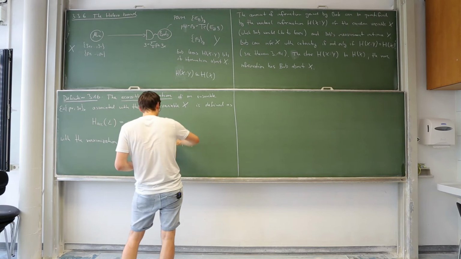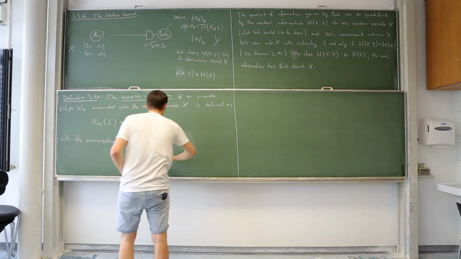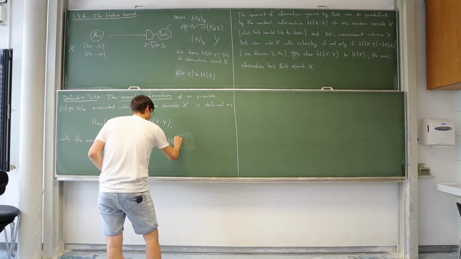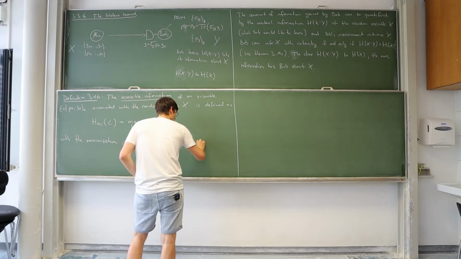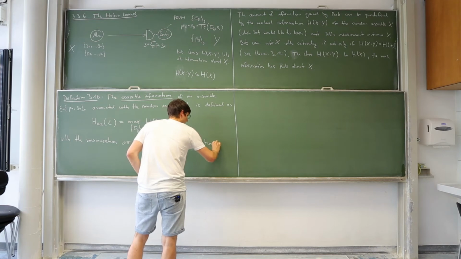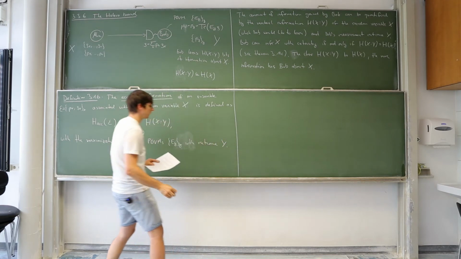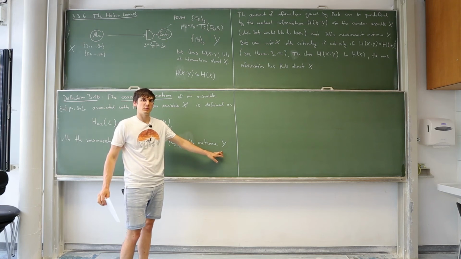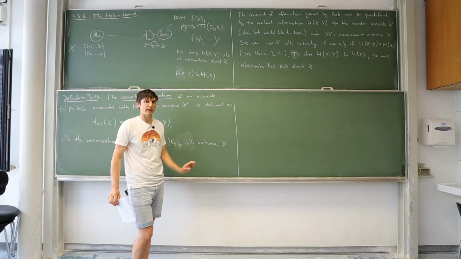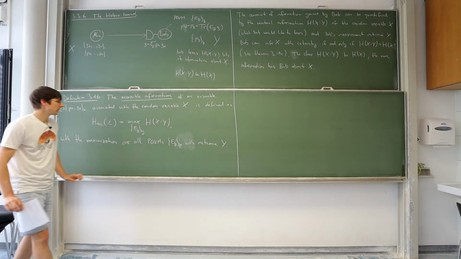Well, let's state this differently. All POVMs EY with outcome Y. So by outcome Y, I mean the probability distribution of this outcome, which we can associate with this random variable Y. Okay, so I think it's clear.